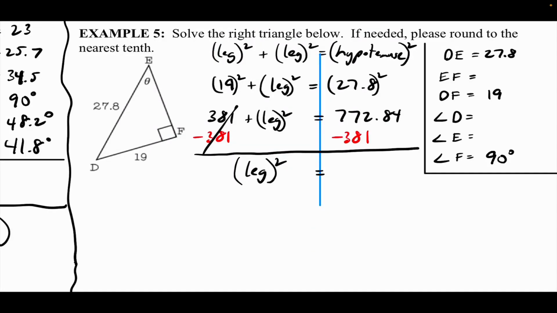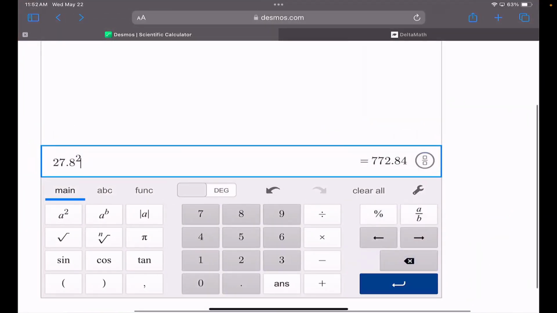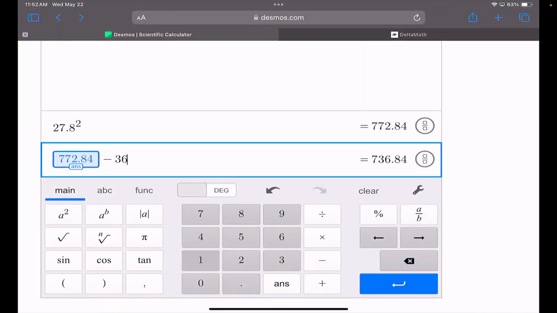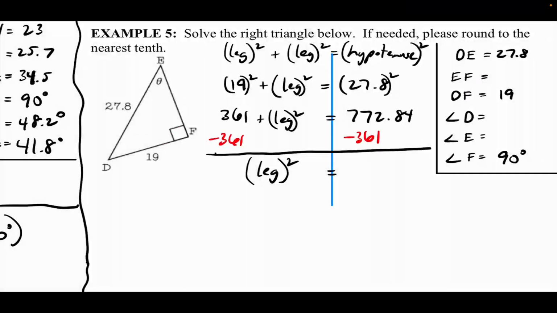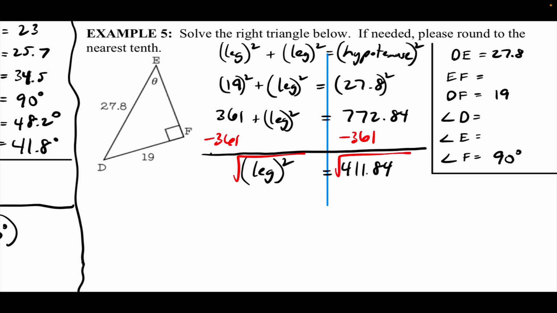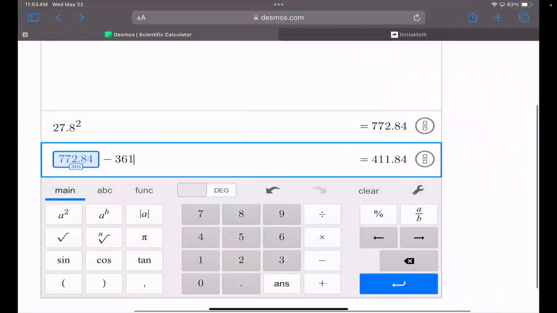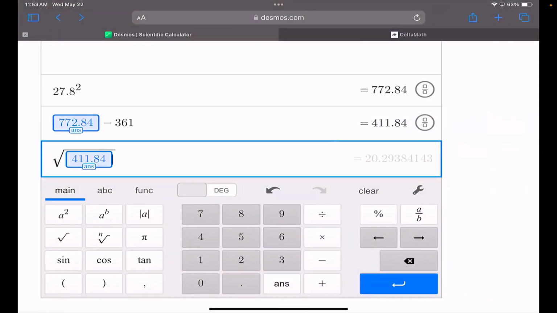Is it 361? Okay, there we go. So minus 361, 411.84. That's way too big. Square root. Round, we get 20.3. 20.3.